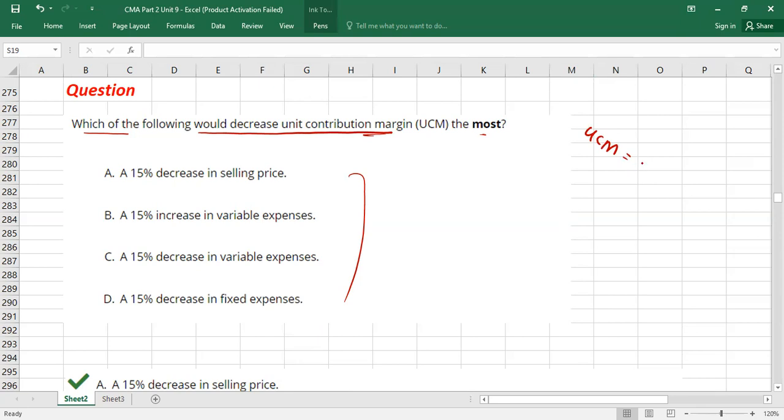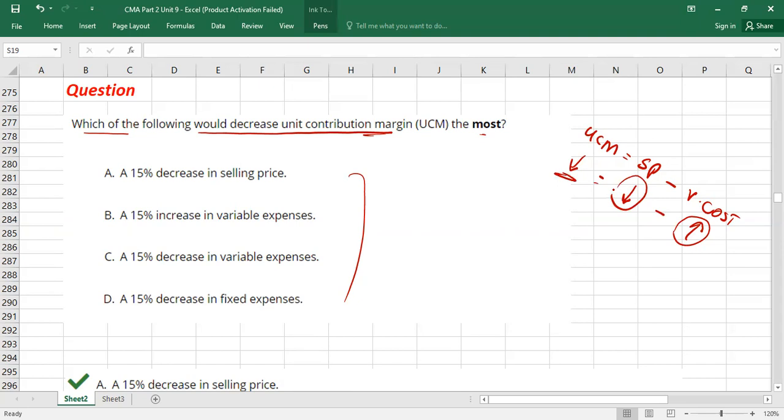To calculate it, we always need unit selling price and unit variable cost. So the question is how your unit contribution margin can decrease. There are two possibilities. Either your sale price would decrease or your variable cost would increase. If selling price is decreasing or the variable cost is increasing, it can decrease your unit contribution margin.